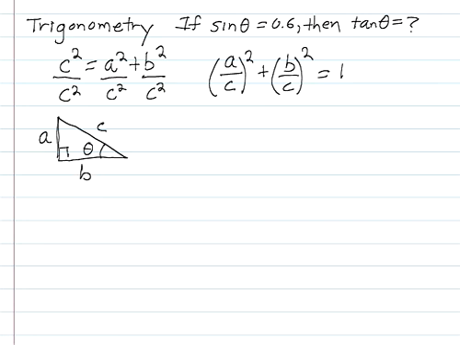So if you look at the equation that I just formed by dividing by the hypotenuse squared, a over c is the opposite over the hypotenuse, which is the same as the sine function, sine of theta. And if you look at b over c, b is the adjacent side, so b over c is the adjacent over the hypotenuse, and that's the same as cosine of theta.